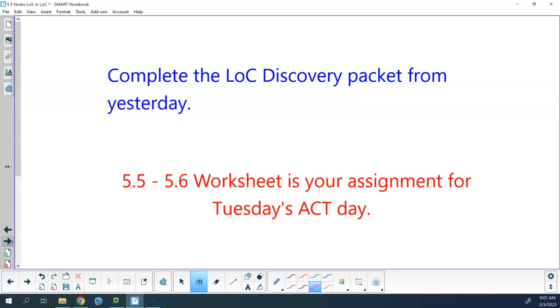Please complete. And I have this wonderful worksheet for you to complete also. It's 10 questions on this kind of stuff that we were just doing: law of cosines versus law of sines. Okay? Sounds great.